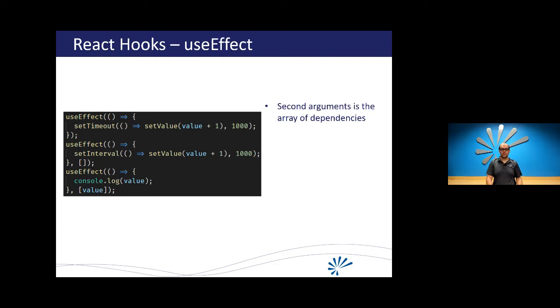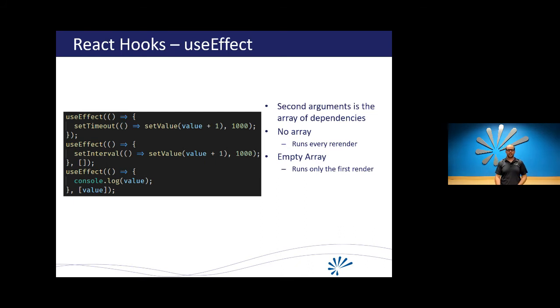So the useEffect takes 2 arguments. The first is the callback, the effect, and the second is a dependency array. So if you pass no array, the effect will execute every time the component re-renders, which means that in this case, our effect is going to execute every time, and we may not want that. We might only want this to execute once. So we could say, hey, pass in an empty array.